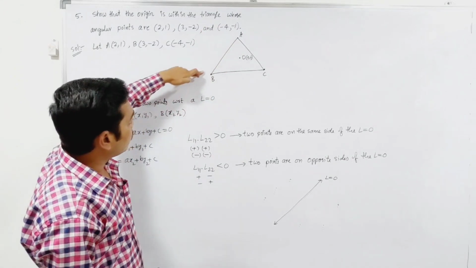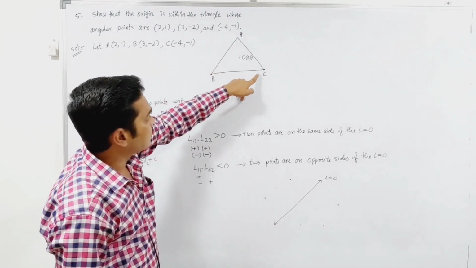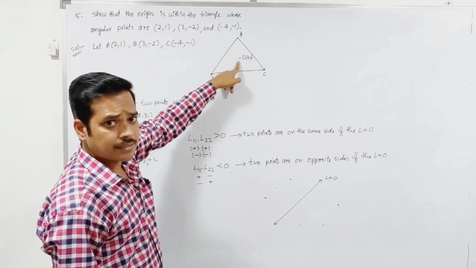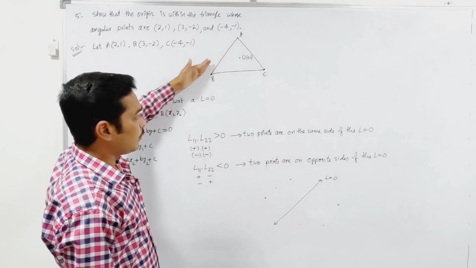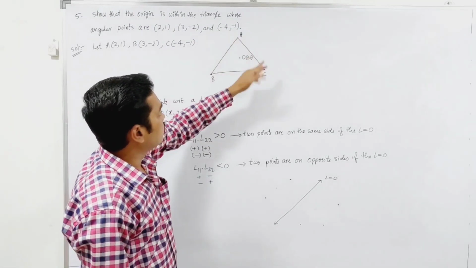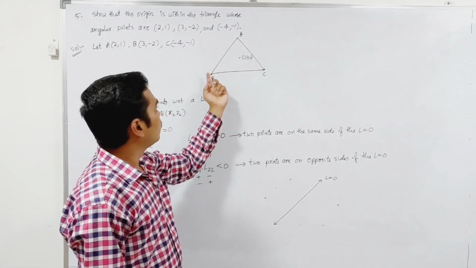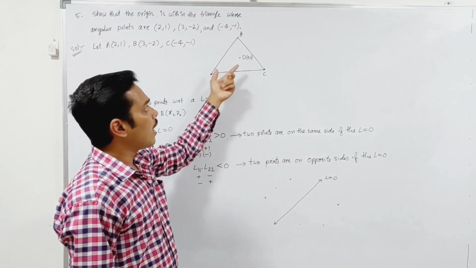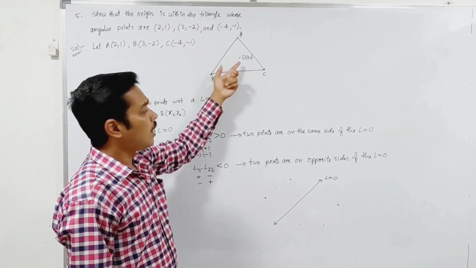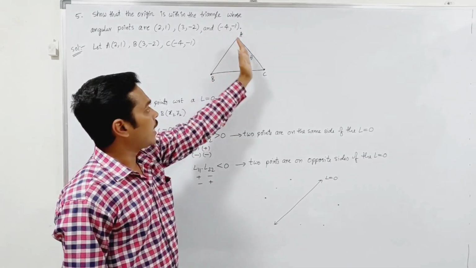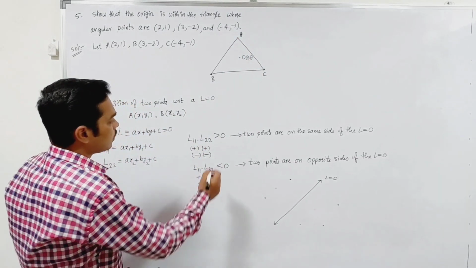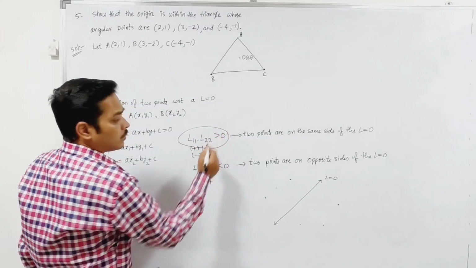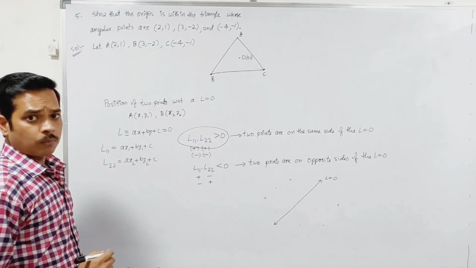For side AB, vertex C and O are on the same side of side AB. According to AC, vertex B and origin are on the same side of line AC. So by using this concept, we can prove the above problem.